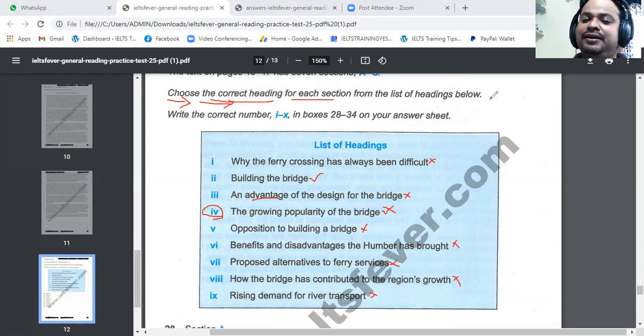If a heading appears more than once, the instruction will be given clearly. A heading can appear more than once only if it is clearly said there. If it's not said, then once it is answered, it's out. Okay.